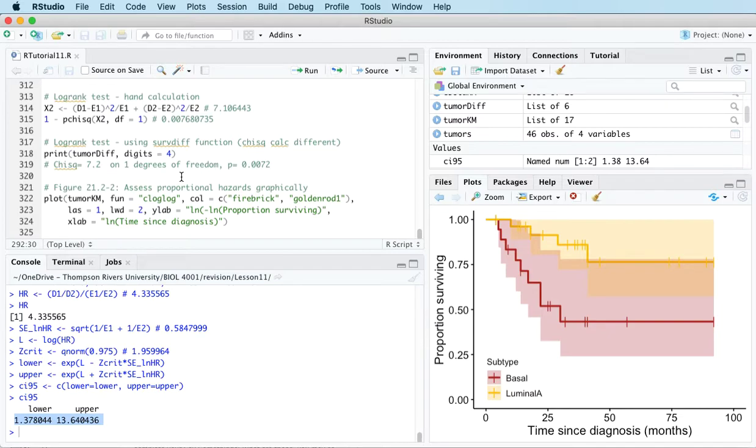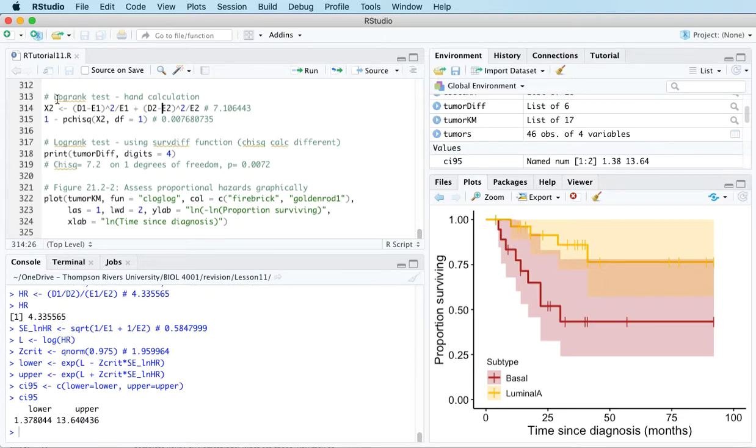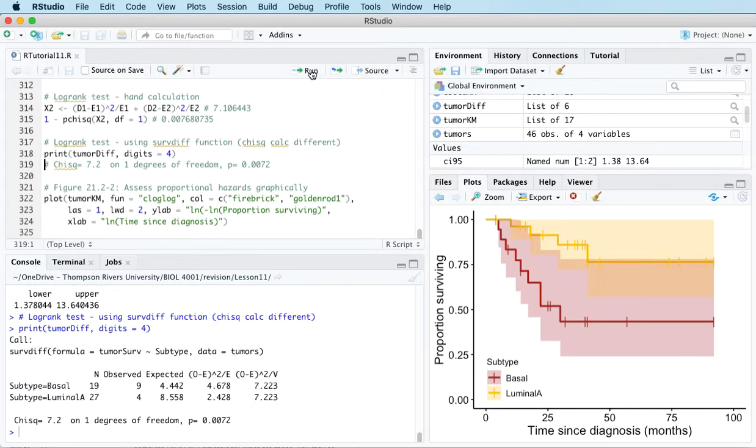Second step is the test statistic. We can calculate that by hand, and it's based on those observed and expected deaths that we looked at before. But rather than doing the hand calculation, I'm going to simply look at the survdiff function, and if I apply the print function to that, it'll give me this test statistic.